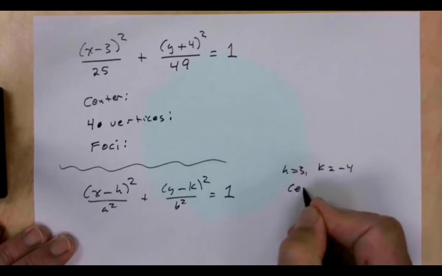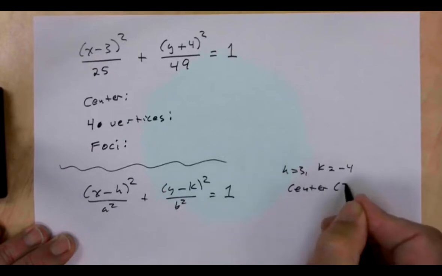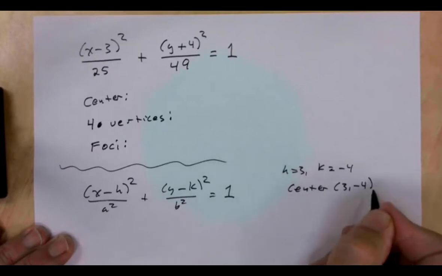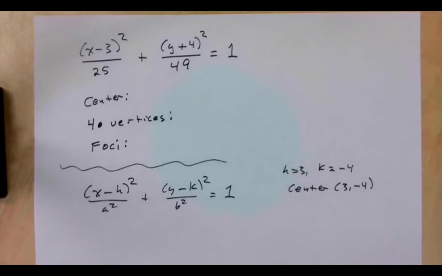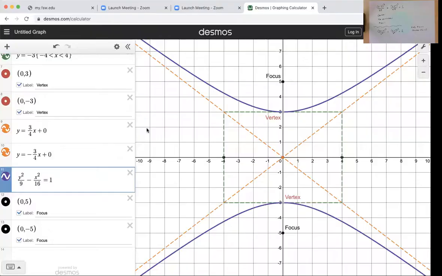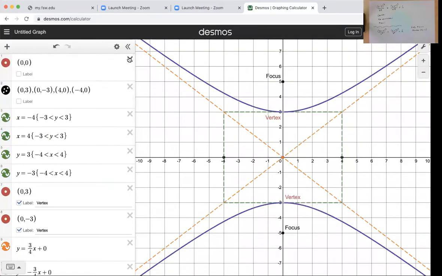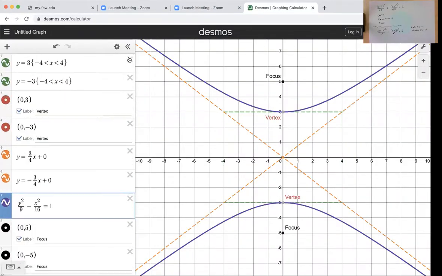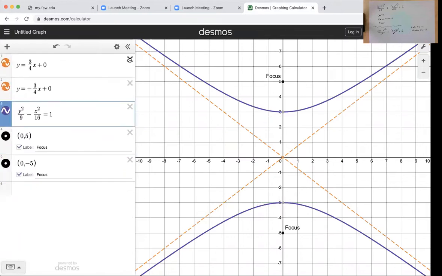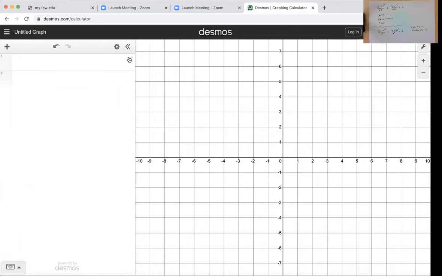So our center is 3, -4. Let's go ahead and label that back on Desmos. So let's get rid of all of this. Center is 3, -4.